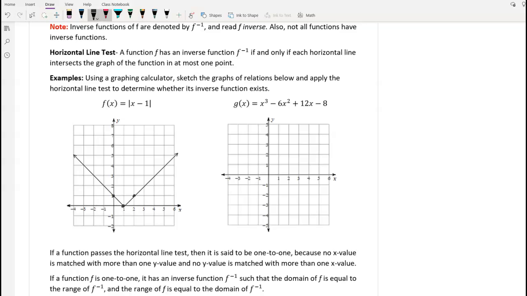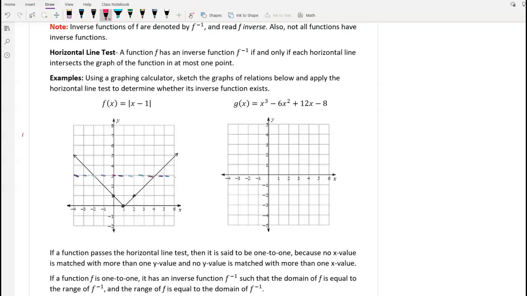Let's see if it passes the horizontal line test to determine if my inverse is a function. So let's draw a horizontal line. So here I have this horizontal line going across. Does it touch in more than one spot? Yes, it does. And because it touches in more than one spot, here's the issue.